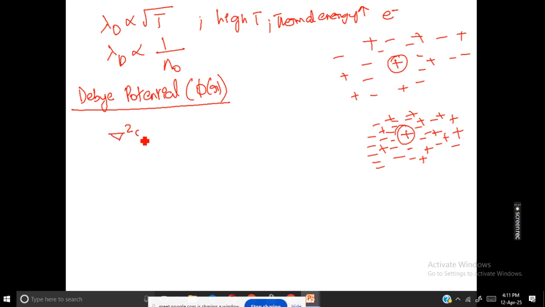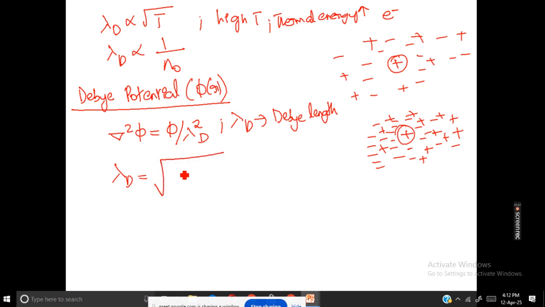It satisfies del square phi equal to phi by lambda d square, where lambda d is the Debye length, and lambda d is given by root of kB T epsilon 0 by n0 e square, in meters.